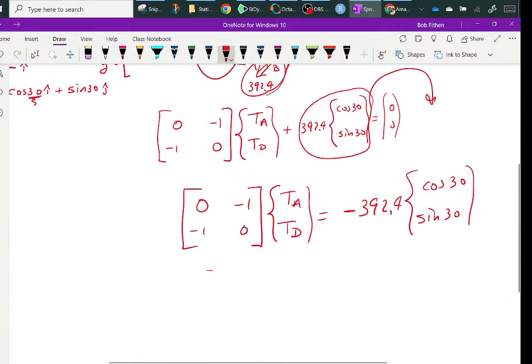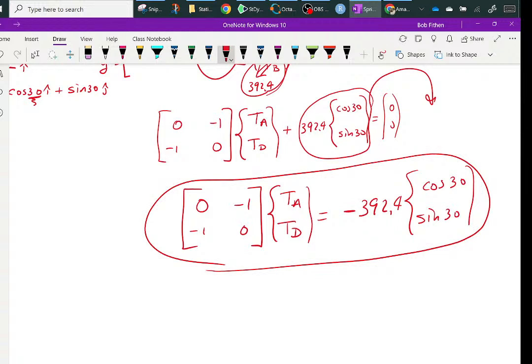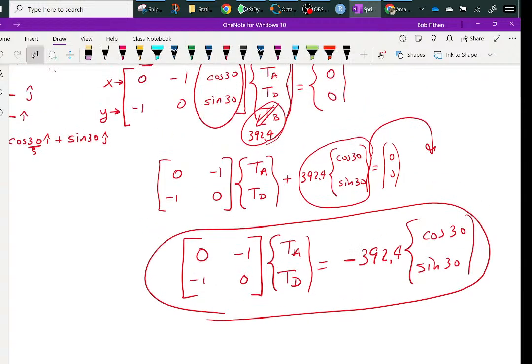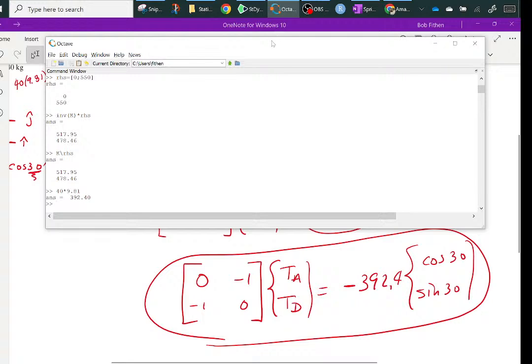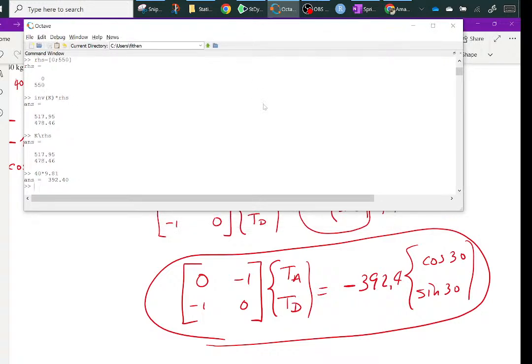Now I can go to MATLAB and put that in. I'm a little queasy about a sine right here, but I'm going to go ahead and solve it, and if I made a mistake on my sine, we'll go back and fix that. My K matrix is unbelievably simple: 0, -1, -1, 0.